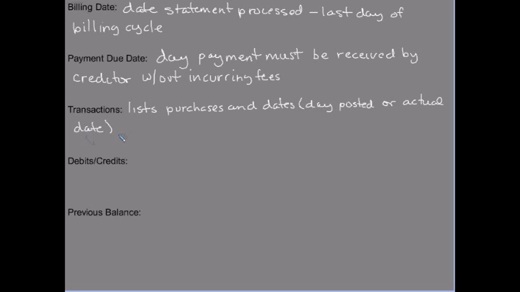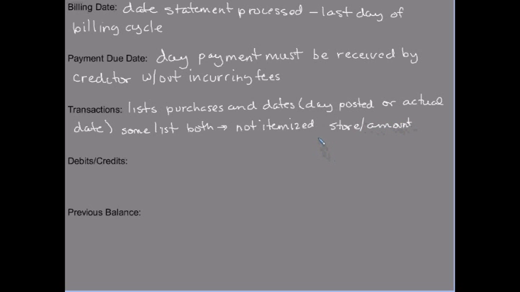That depends on the actual company itself. Some list both. For most, it's not itemized. So for example, if you go shopping at Publix, you're not going to get your grocery list of what you bought. You're going to get the store and the amount.